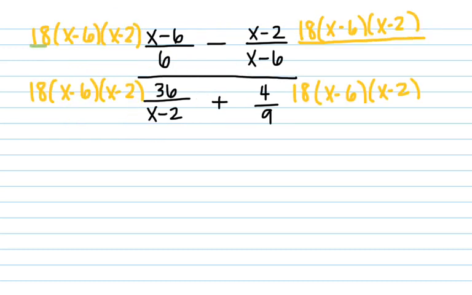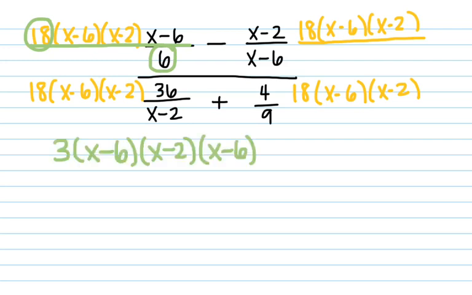Alright, now let's extend these fraction bars because when I multiply, I'm multiplying all the tops and dividing by all the bottoms. Notice that 18 divided by 6 is just a 3. So this is all I have left over for that one. In the next part, if I multiply all the tops and divide by everything on the bottom, notice that I have an x minus 6 here and an x minus 6 up here, which are going to divide or simplify to give me a 1.